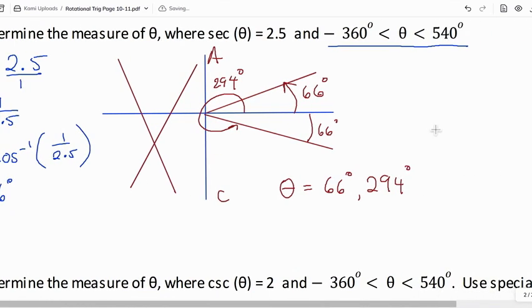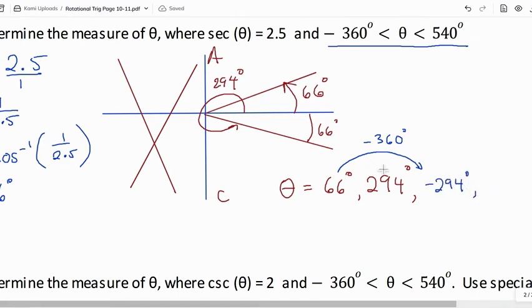Okay, let's start off with the negative part. How do I find the more negative angles? Well, I'm going to take each of these angles and I'm going to subtract 360. Okay, so 66 subtract 360 gives me negative 294 degrees.